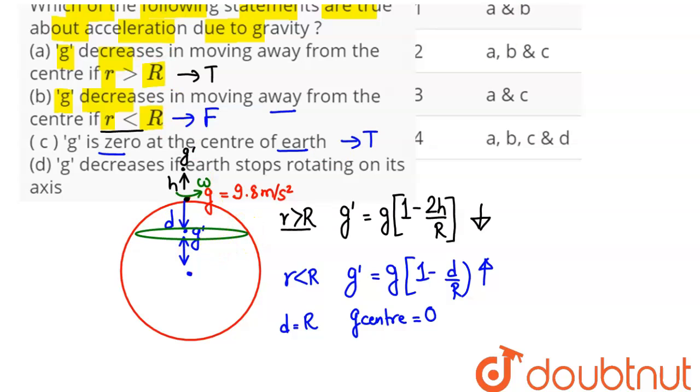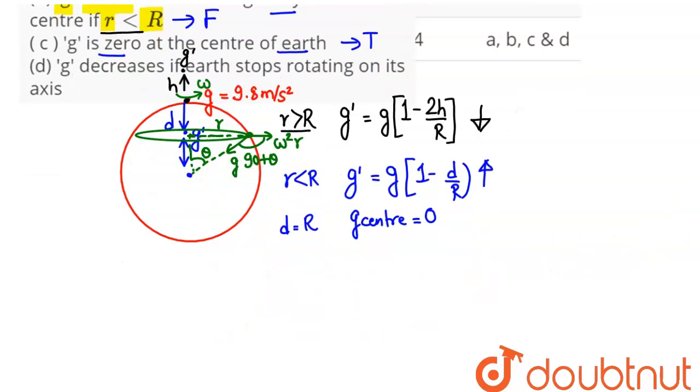So at this point the net value of g can be written as, this here is our omega square into small r, where small r is the radius of this circular part, and g will act in this direction. So we have the angle made with the vertical as theta, hence this is 90 minus theta, and this angle here is 90 plus theta.